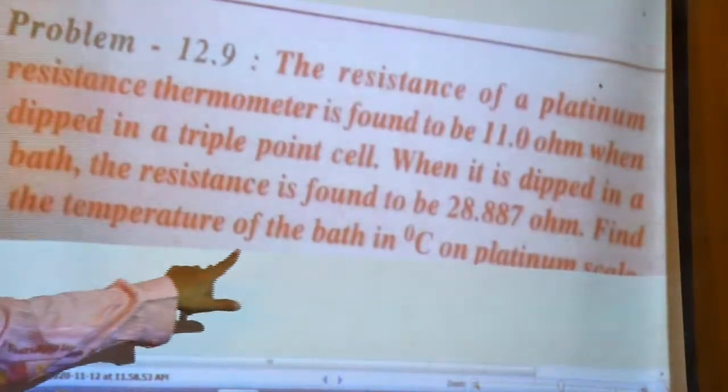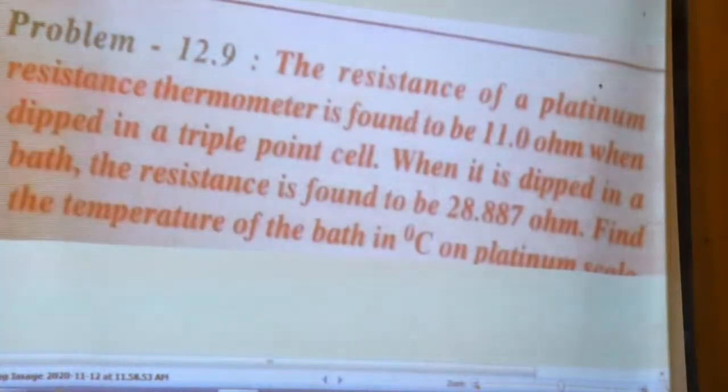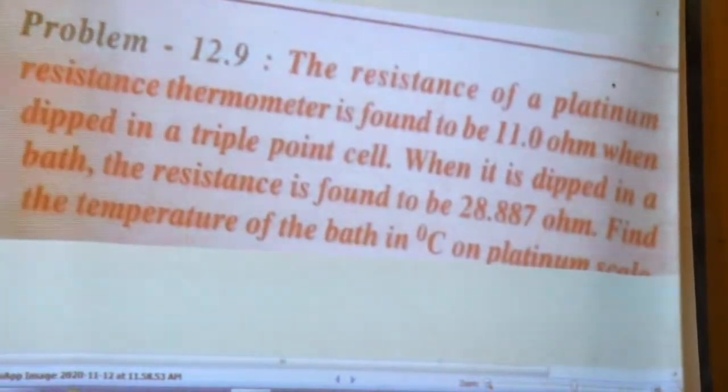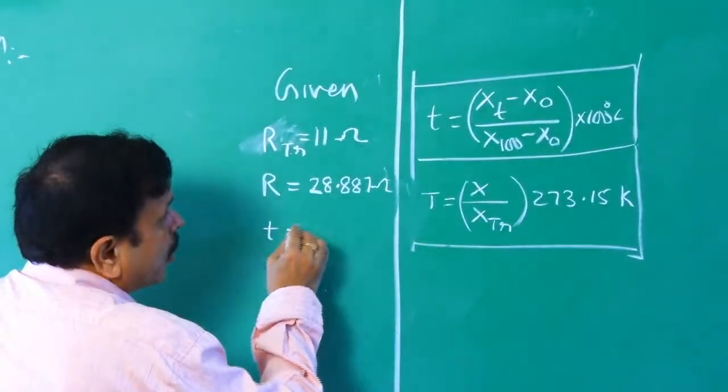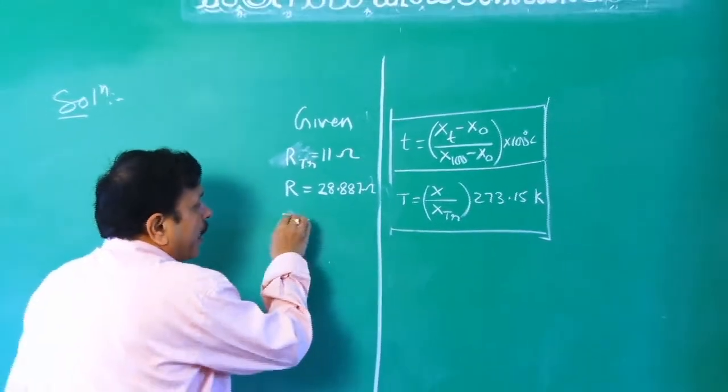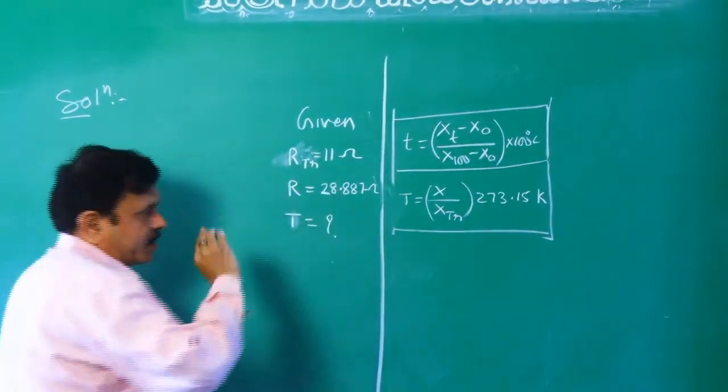Find the temperature of the bath in degrees Celsius. We will get the answer first in Kelvin, and that has to be converted to degrees Celsius.